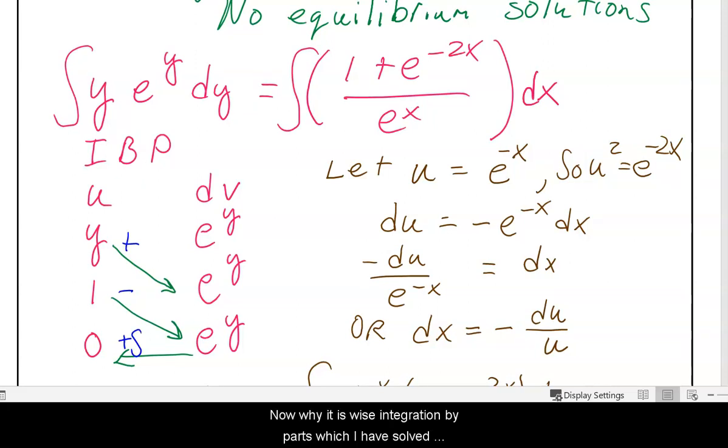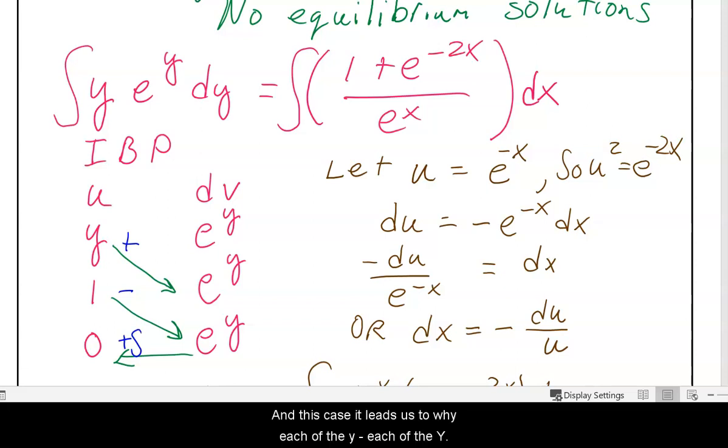Now, y e to the y is an integration by parts, which I have solved using the tabular method. If you're not familiar with the tabular method, then simply go into my Calculus 2 playlist and find the videos that cover the tabular method of integration by parts. It is a by far simpler formula for doing integration by parts that always works.